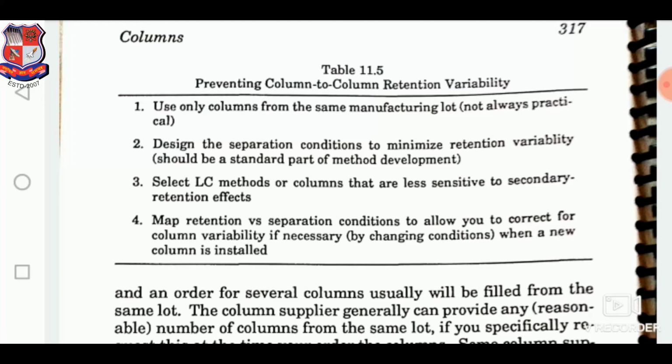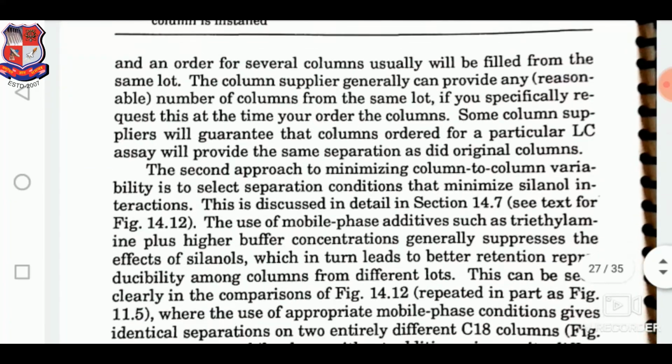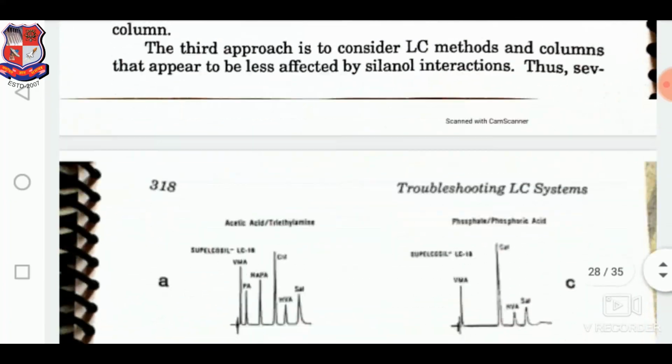Designing the separation condition to minimize retention variability should be a standard part of method development. Select assay systems or columns that are less sensitive to secondary retention effects. Map retention versus separation condition to allow you to correct for column variability if necessary by changing conditions when a new column is installed. So this is the text for that.